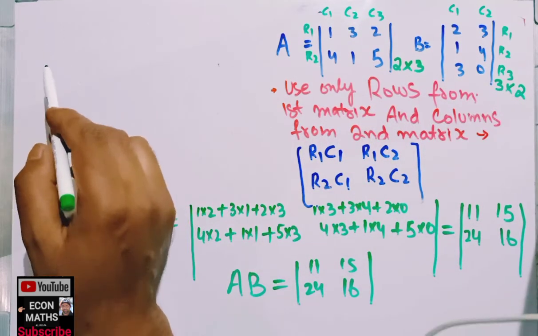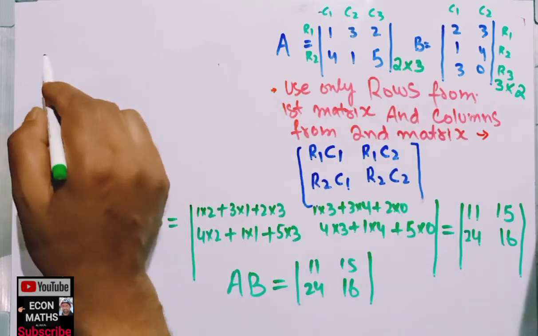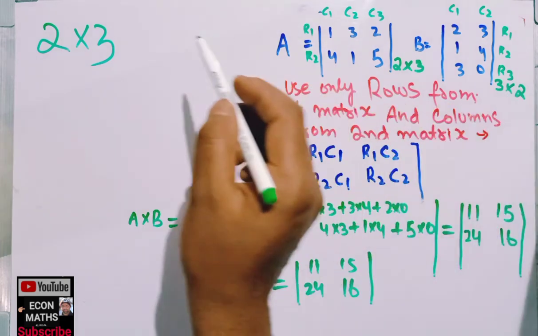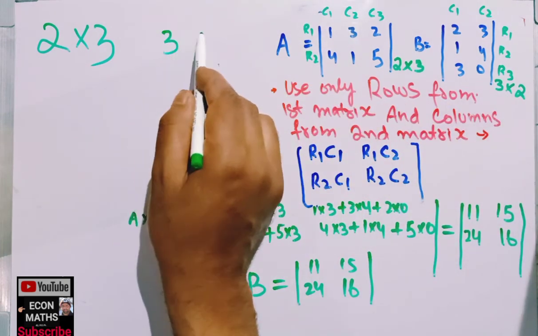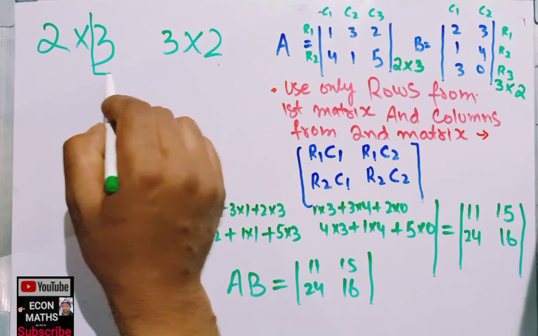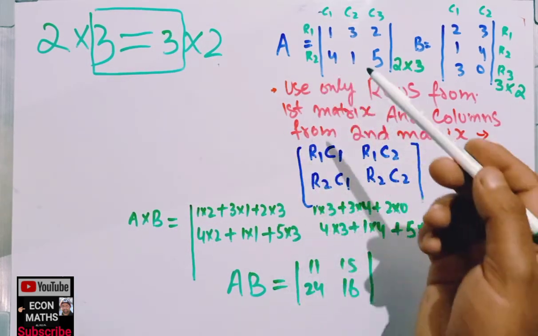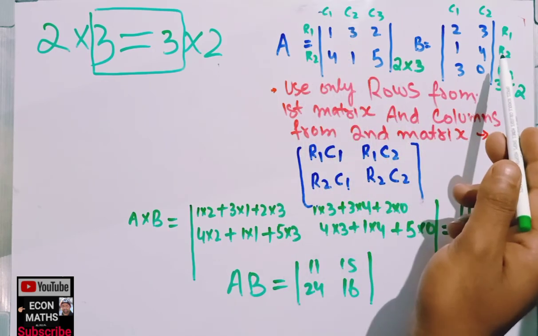For conformability we take the dimension of the first, 2 into 3, and the dimension of the second, 3 into 2. Since the inner two are equal, we can say that these two matrices are conformable.